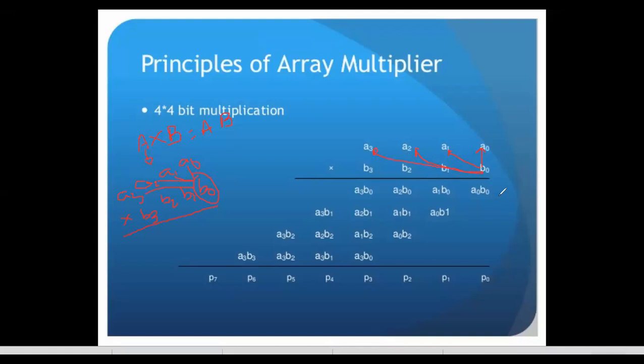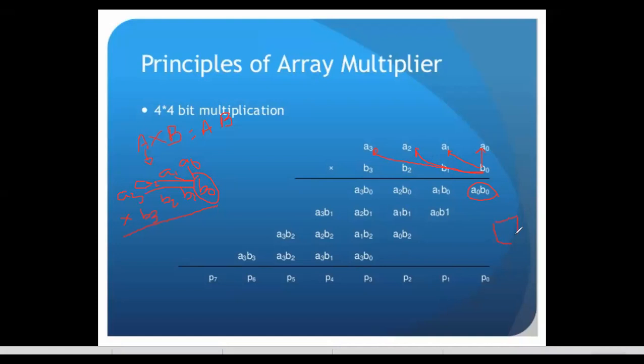This operation is performed by an AND operation. Simply, if you give these two bits A0 and B0 to a simple AND gate.